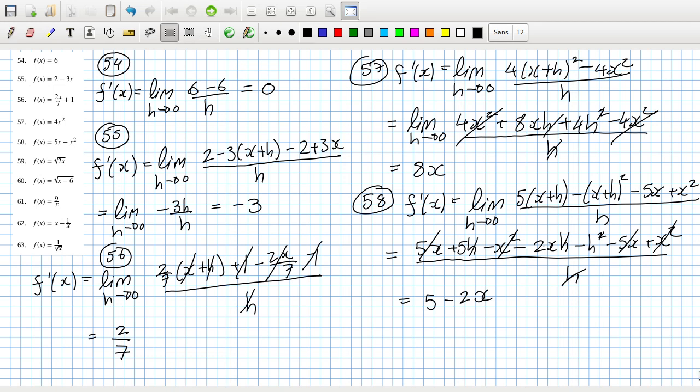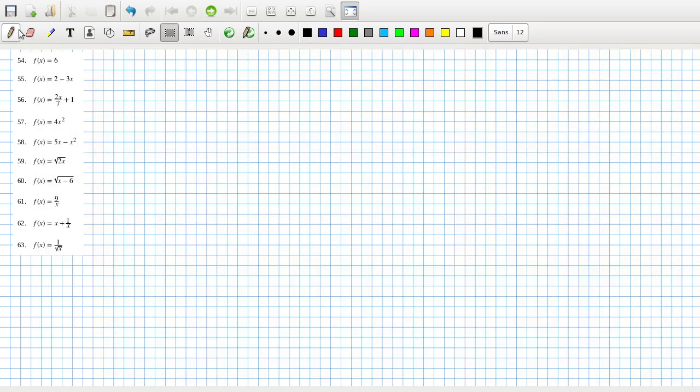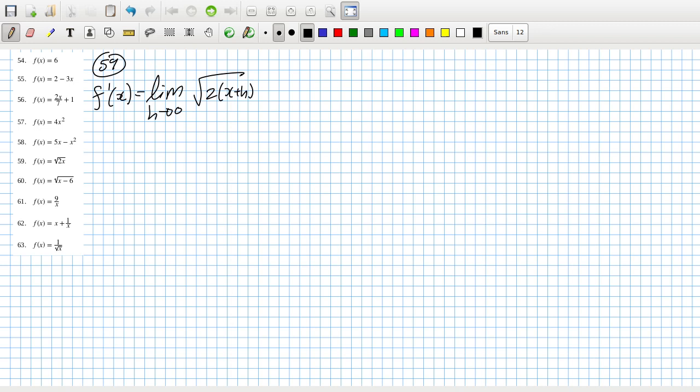Let's clear this up and look at the next one. 59. f dash x equals the limit as h tends to 0 of root 2x plus h minus root 2x all over h.